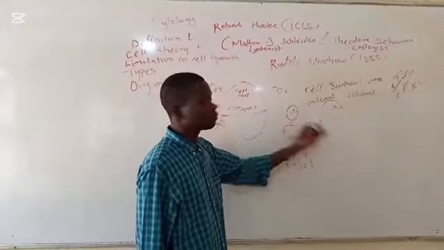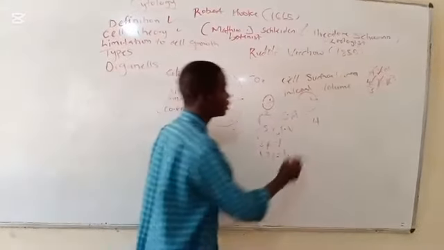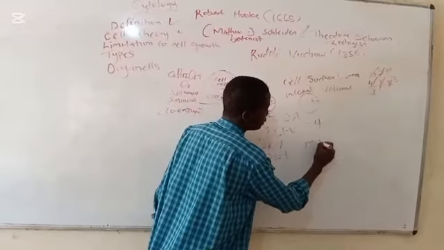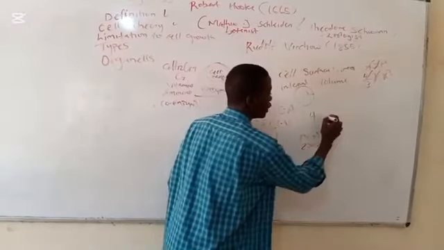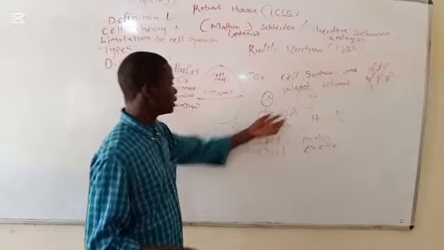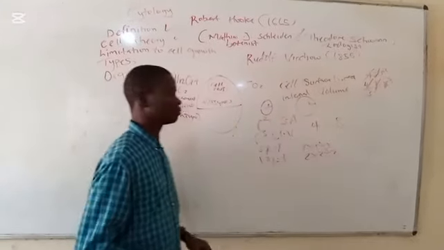Now, for the internal volume, which is the content of this cell, what is inside of this cell, it will be the radius cubed. In other words, radius times radius times radius, which is 2 times 2 times 2. 2 times 2 is 4, 4 times 2 is 8.